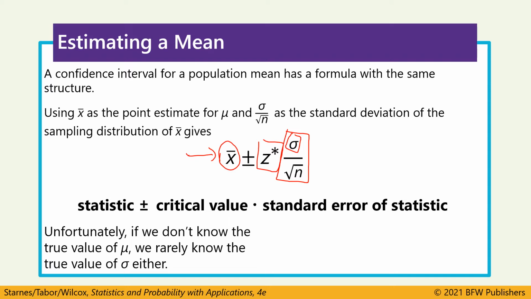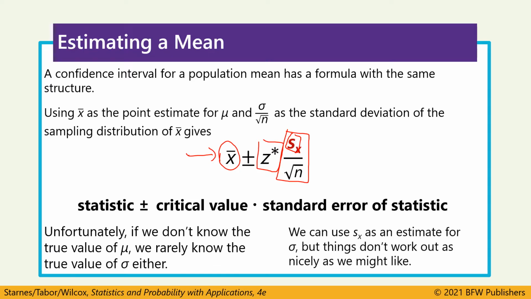So instead of using sigma over radical n, we're going to use s sub x, which is the standard deviation from the sample. This is a sample statistic in the same way that x bar is a sample statistic, meaning that every time we take a sample, these two things are going to change. So there's an added level of variability in this confidence interval, and that's going to change how this critical value works.